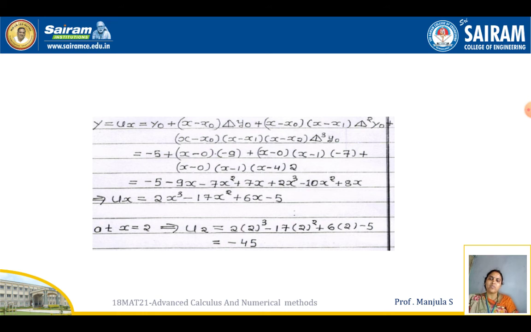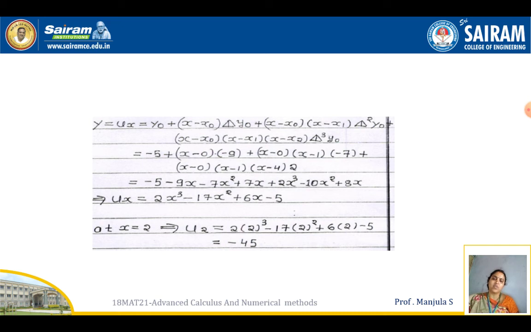Manually we have to simplify this without using a calculator. You will get one equation in terms of x, so u(x) is 2x cube minus 17x square plus 6x minus 5. This is our required polynomial in terms of x.